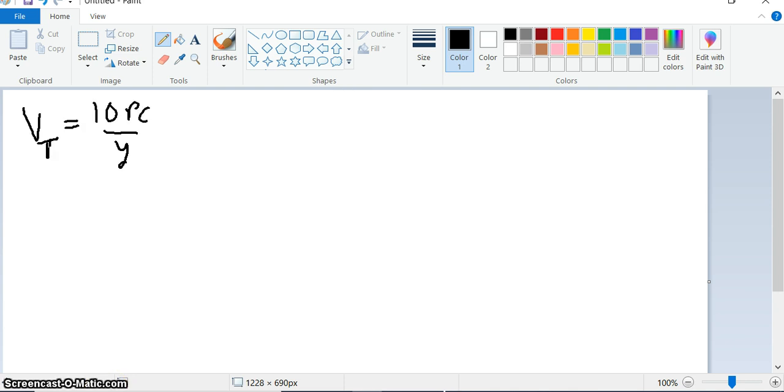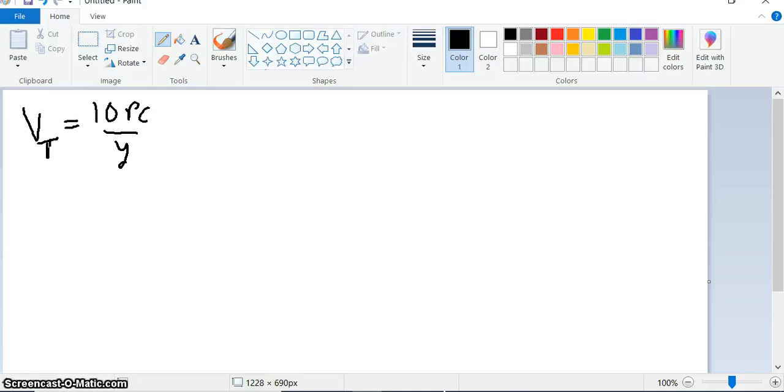All right, so this is where we left off: 10 parsecs per year for this particular star that's 20 parsecs away and moves with a proper motion of 0.5 arc seconds per year. It turns out that 1 parsec of sky would also be 1 astronomical unit, so this would be 10 astronomical units.